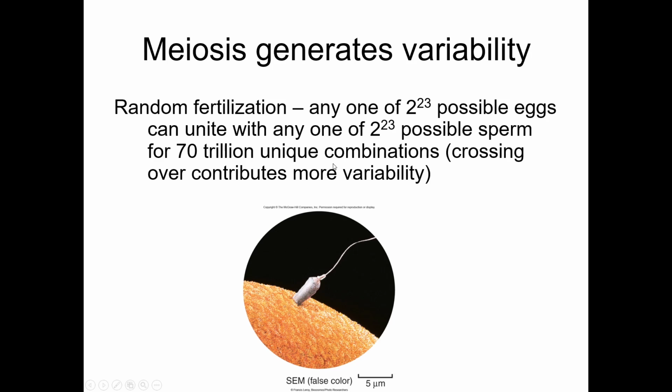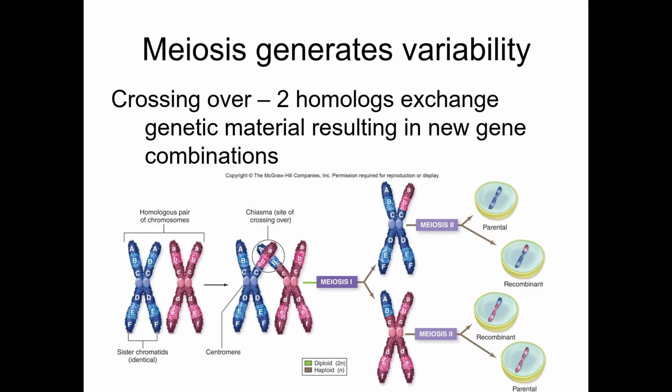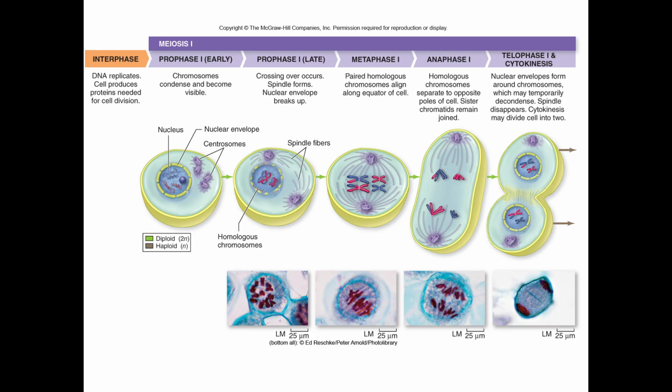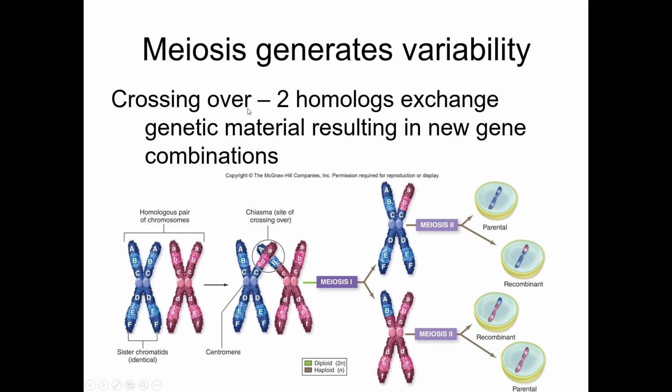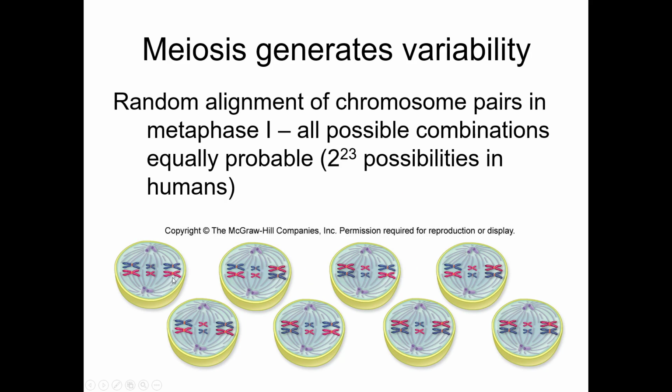And so fertilization can occur at different times in meiosis depending upon whether you're male or female. Also, make sure you know that you can define crossing over and that you can define independent assortment. Those are questions that will come up on the exam.